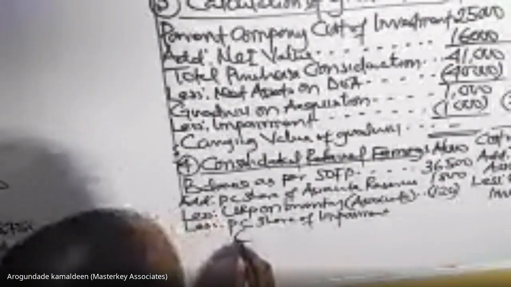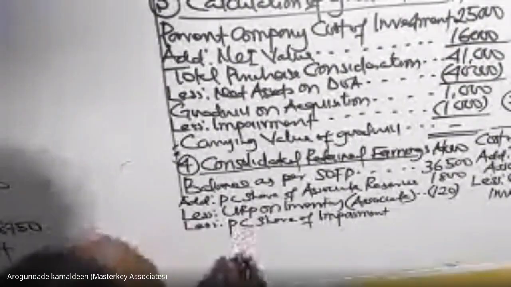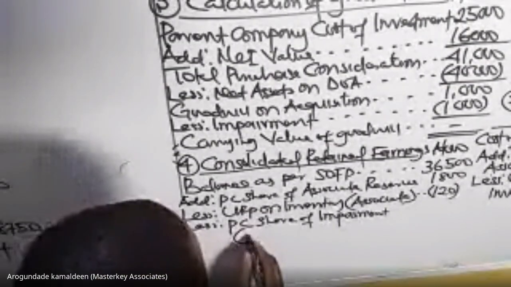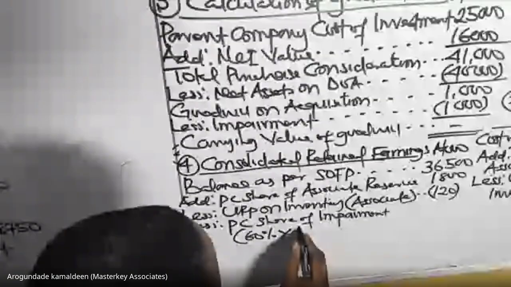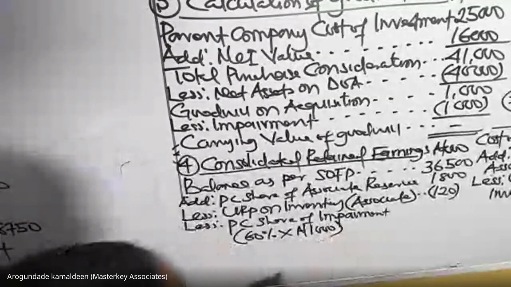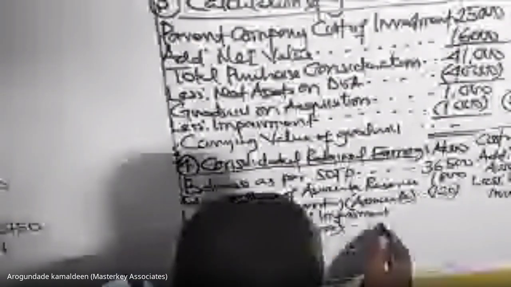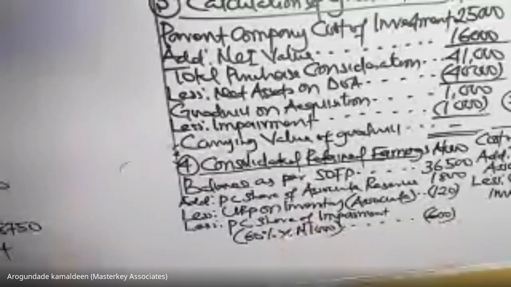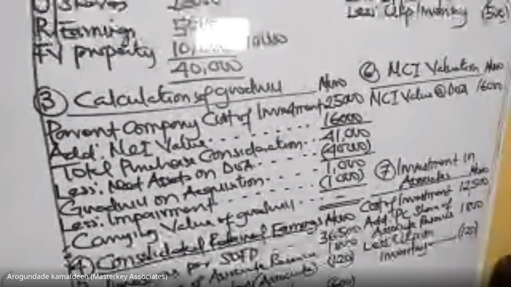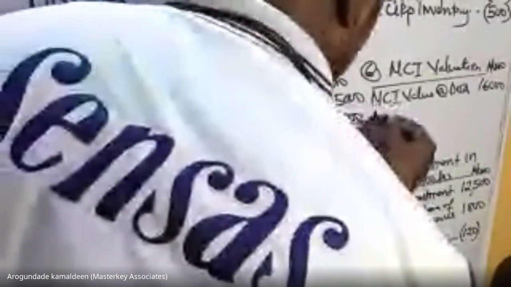Now you are having 60% as parent, and we have impairment of 1 million. So how much is that? Around 600. Let the NCI take his own share too. They shop together, they must work together. NCI too.